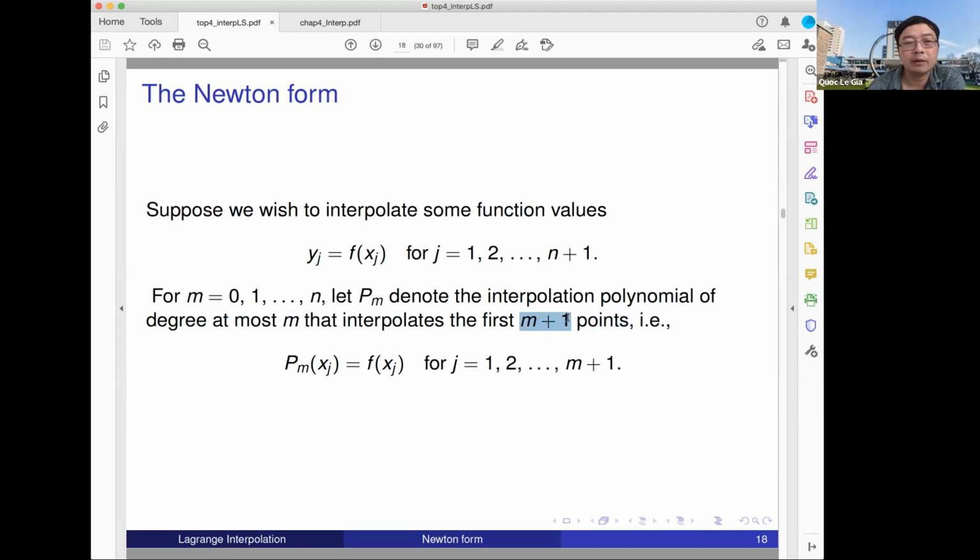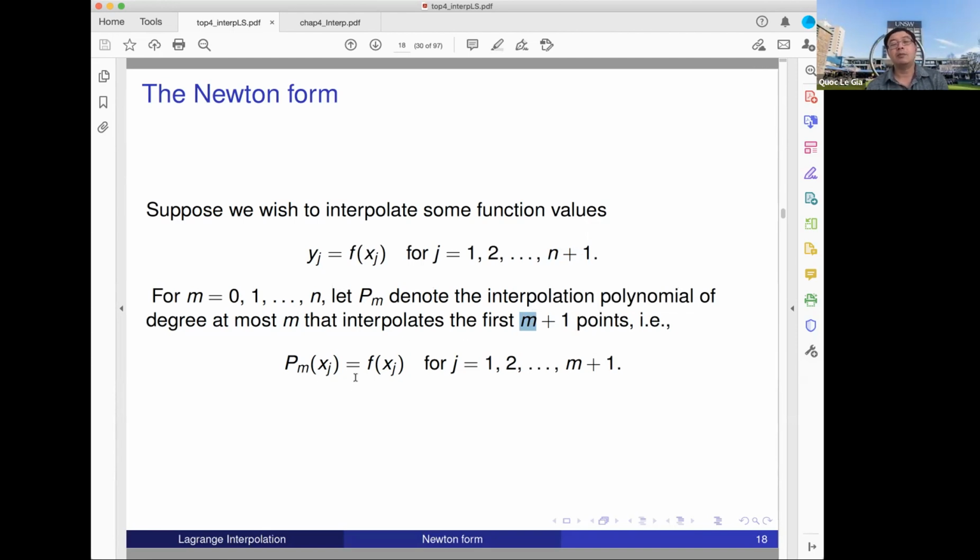Remember you have n plus 1 points in total, but now let's do it progressively. So you start with m equals 0, then m equals 1, and so on. You construct Pm to interpolate only the first m plus 1 points.